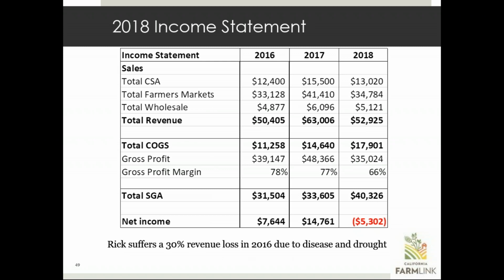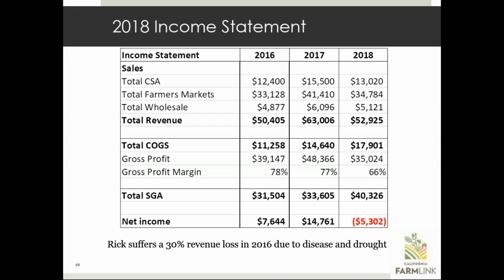2018 income statement. And so we are moving on from the capital expenditure and seeing how that impacts the balance sheet, and looking at Rick's historical financials.